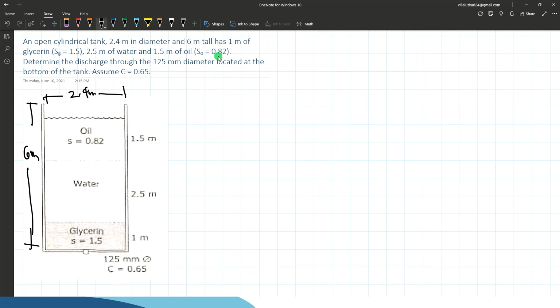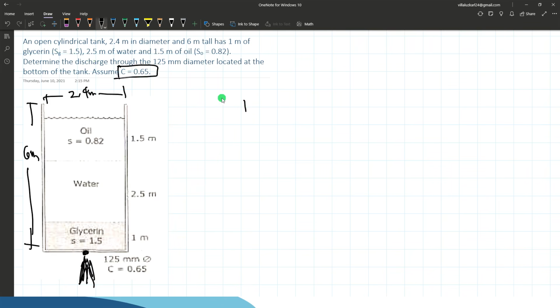Given are their equivalent specific gravities, we have to determine the discharge through the 125 mm diameter orifice located at the bottom of the tank. So what will be the discharge here? Assume the coefficient of discharge is 0.65.